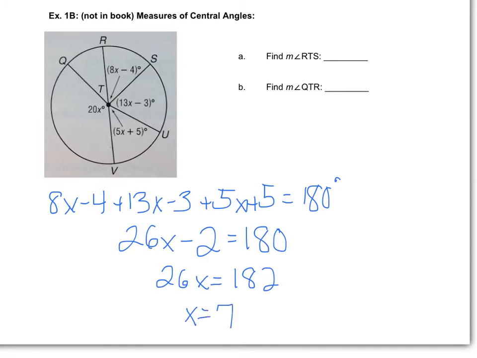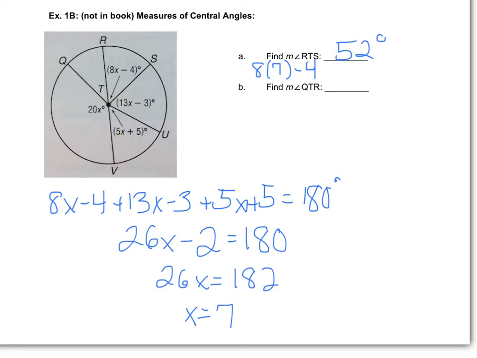So if I'm finding the measure of, in part A here, angle RTS, that's the outline of the 8x minus 4 angle, and we just found x, so it's going to be 8 times the 7 that we found for x, minus 4, and that gives me 52 degrees. Then the measure of angle QTR. Well, I think you can see that angle QTR is going to be a linear pair with angle QTV because we've got this diameter RV here.